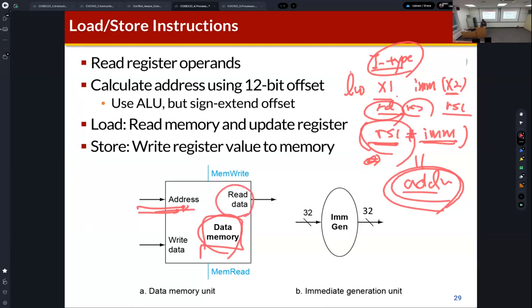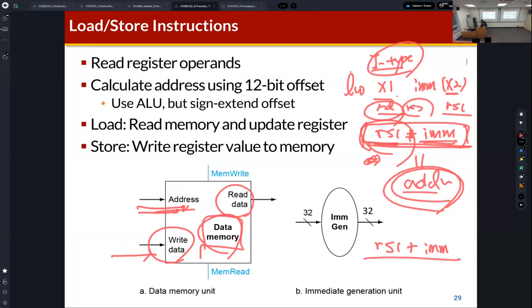For the store instruction, we need to perform data store, data write. The address is calculated like this, and the data is given. So this is the data memory. In order to calculate the address, we need to perform RS1 plus immediate, right?